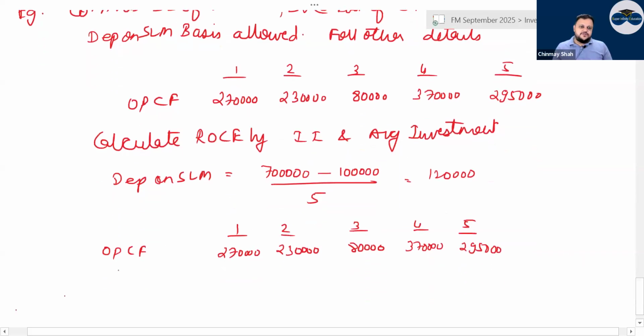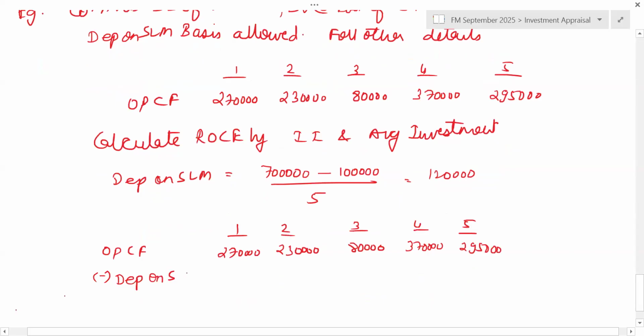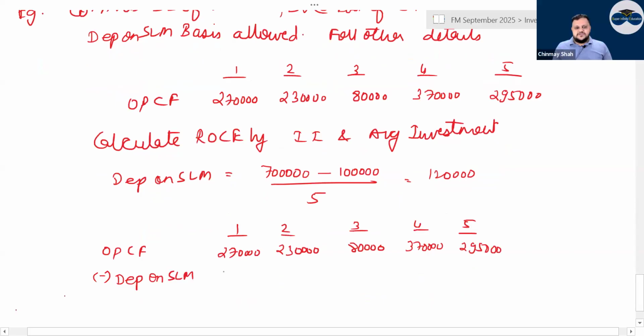What to do after this? From this, what will I deduct? Depreciation on SLM. How much is the depreciation? Every year 120,000.